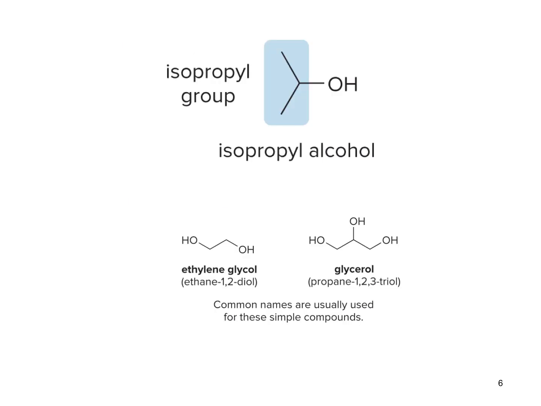So before we talk about those prefixes, I also want to briefly talk about common names. Common names are used a lot of times for really simple alcohols. A really good example here is isopropyl alcohol, which you can buy at the grocery store. It's like rubbing alcohol.